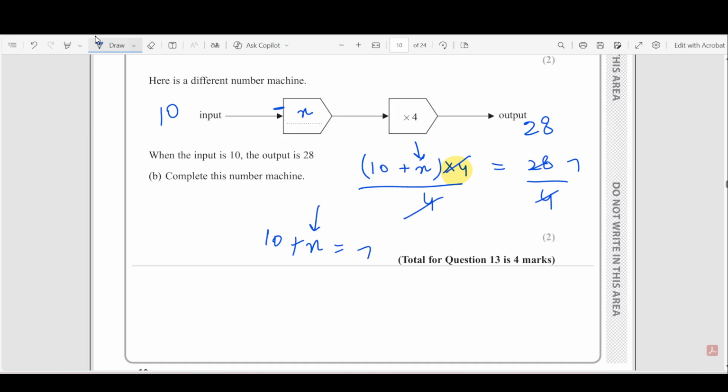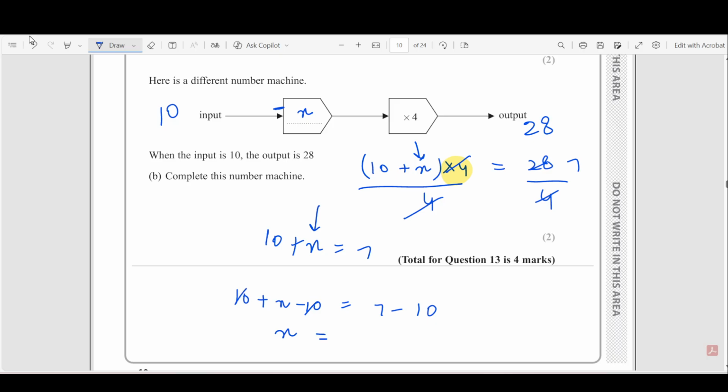Now we need to find x. Again, if you notice, we have plus 10 here, and I want to get x on its own. So to get rid of this 10, I need to subtract 10 from both sides. This plus 10 minus 10 gives me 0, so they cancel out and I get x only.